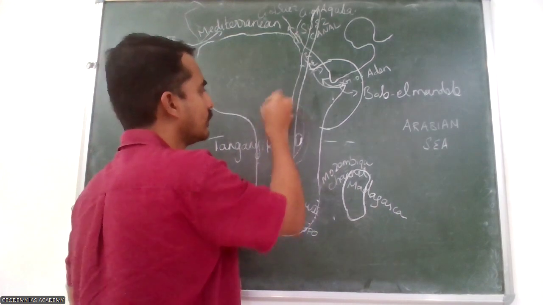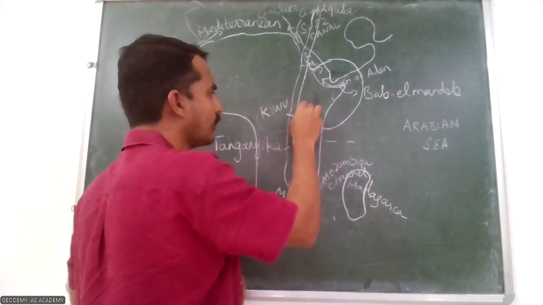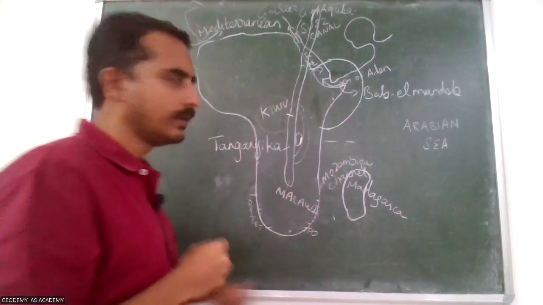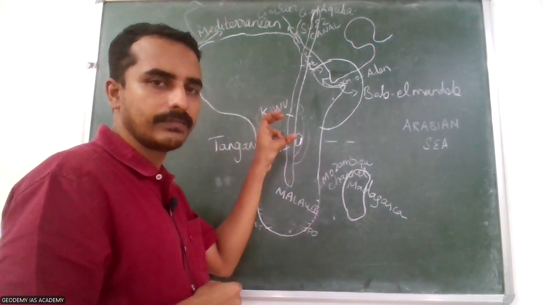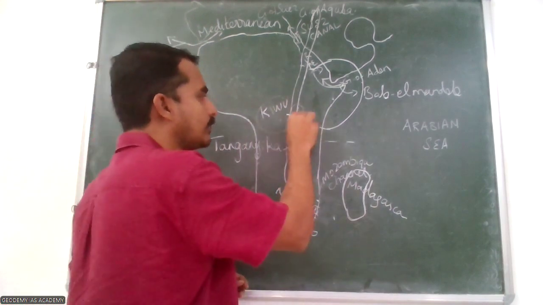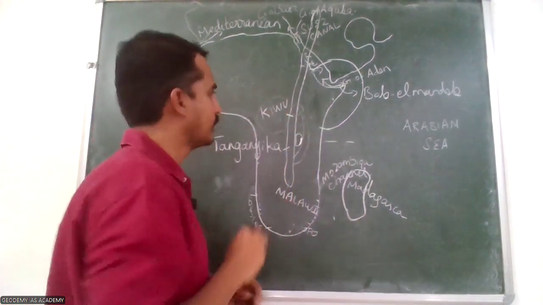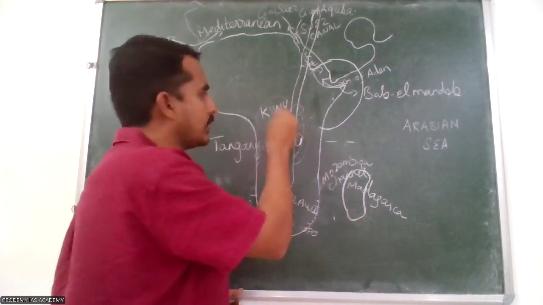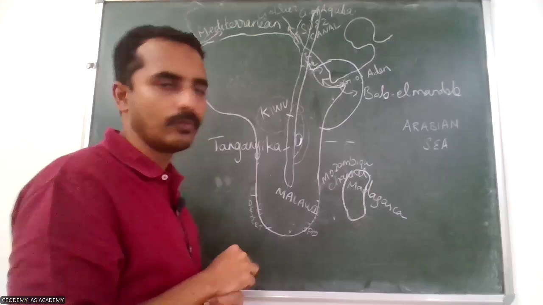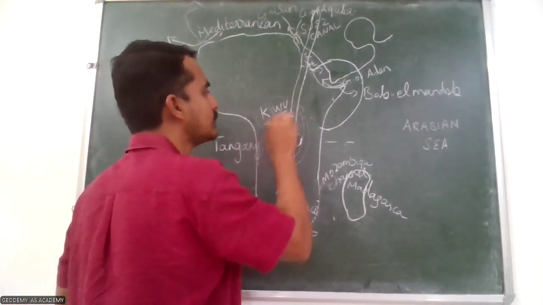So here is the Congo and Rwanda boundary. Here Rwanda, Uganda, Burundi, the small three countries are here. The equator passes through this region, Uganda. And here DRC, Democratic Republic of Congo. So Lake Kivu is more important.